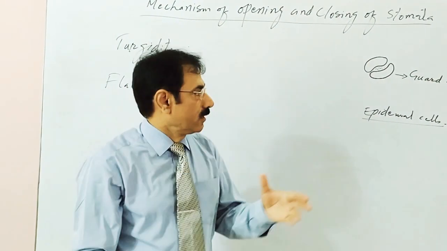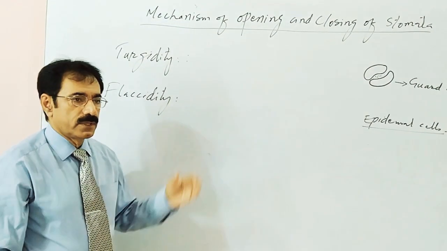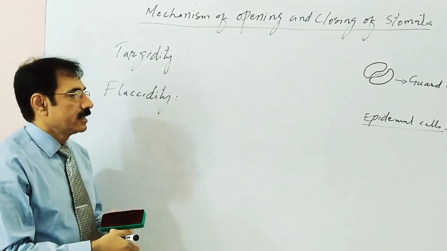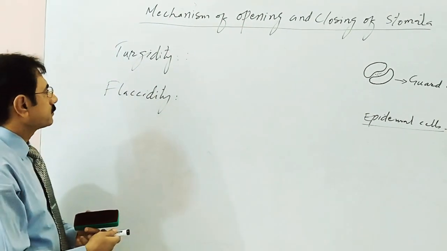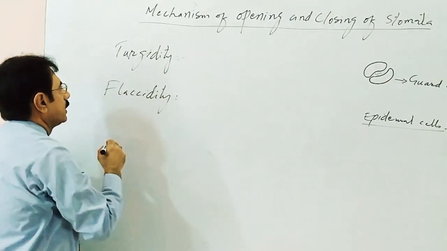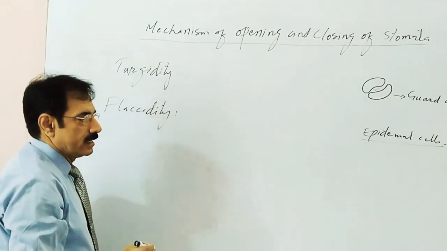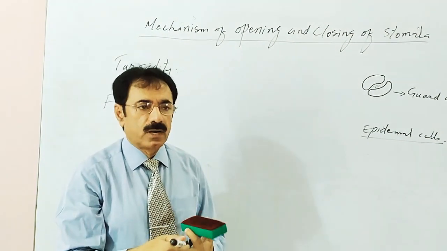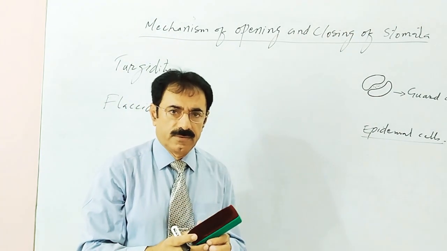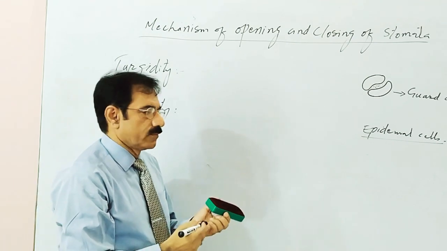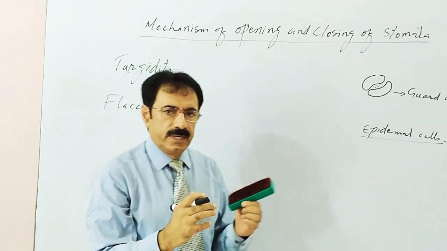Dear students, generally we know the stomata pores remain open during the daytime, and during the night time they remain closed. What is turgidity? Let me clarify this term. Turgidity is the fully distended condition of the plant cell after the absorption of water. When any plant cell absorbs water, it becomes fully distended.